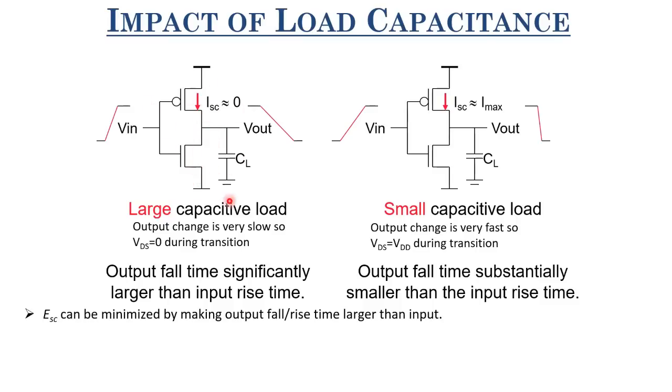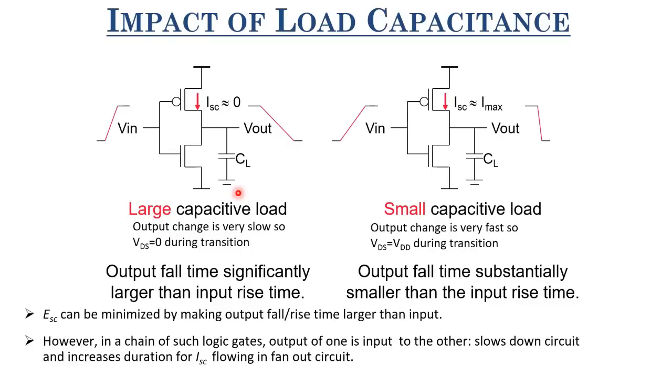However, if you are making large load capacitors, then what happens? In such cases, this load capacitor is kind of input to the other gate, right? In a chain of such gates. So in digital circuits, typically one gate drives the other. So the CL will be present as the input capacitance to some other gate, right?